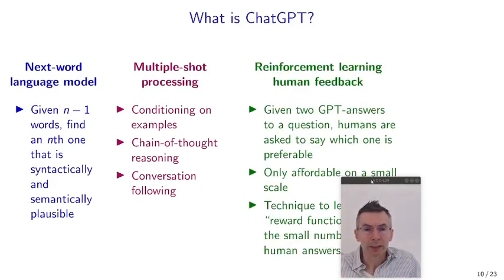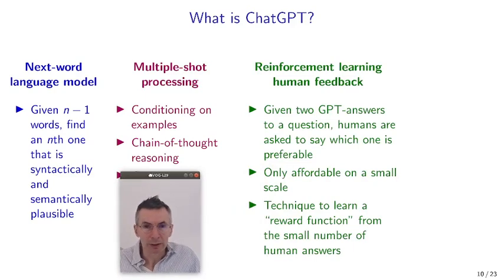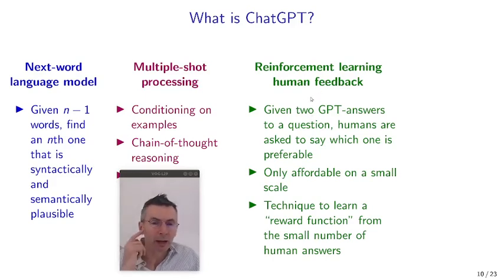Then another very important thing in ChatGPT is so-called reinforcement learning from human feedback, RLHF. And what that does is it allows the designers of ChatGPT to use humans when given two GPT answers to a certain question.